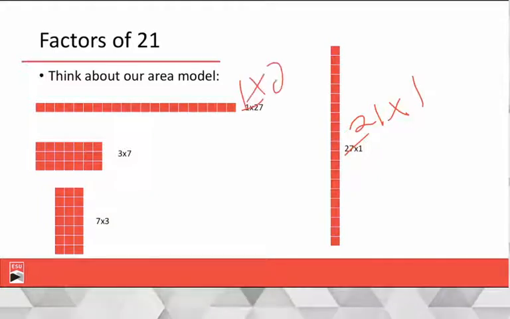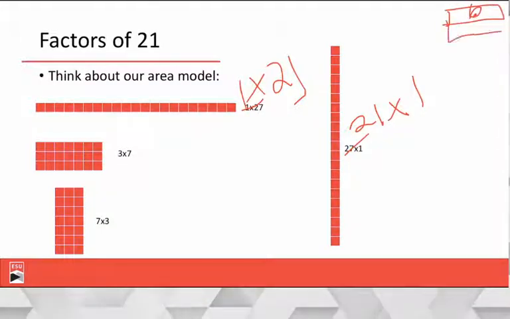These are all the ways that we could make rectangles without any hanging off to make 21. Because if we used 6, we could get 6, 12, 18, and we can only get 3 more to get 21. So when we're thinking about factors, we can think exactly of these rectangles.